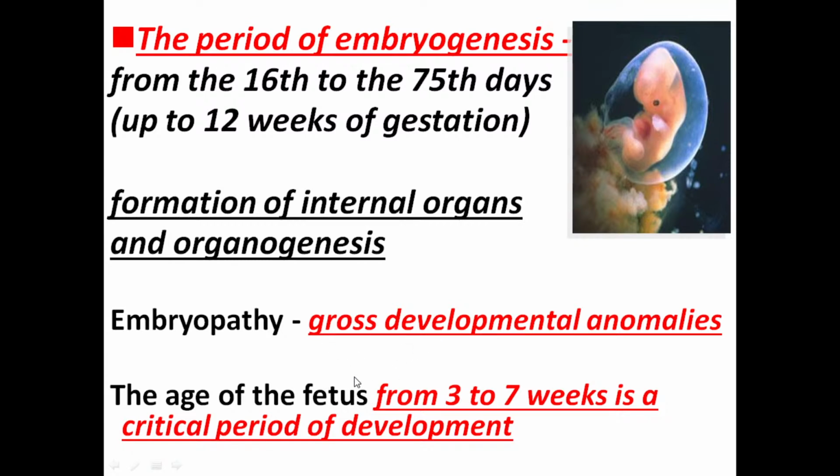The age of the fetus from the 3rd to 7th weeks is a critical period of development. And why is it a critical period? Because all tissues and organs start to form, and also all negative factors can cause very serious anomalies.